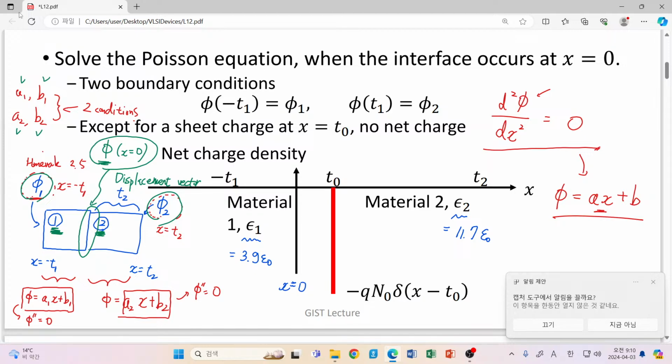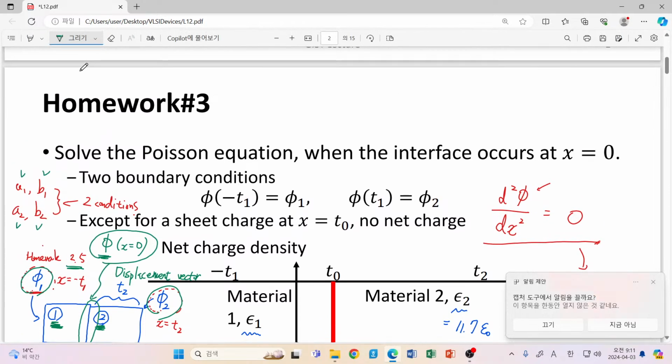So please try to solve this preliminary problem. Once you solve this preliminary problem, homework 2.5, then you can go to the realistic one, numbered as homework number 3.